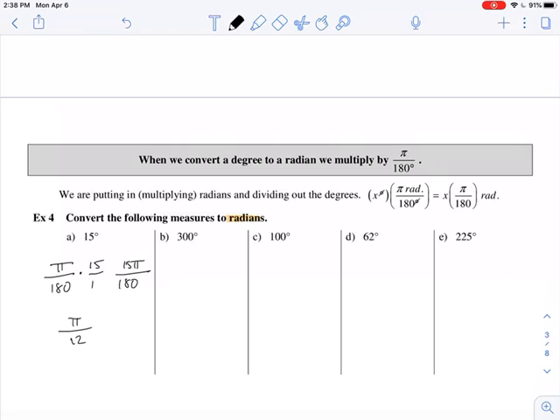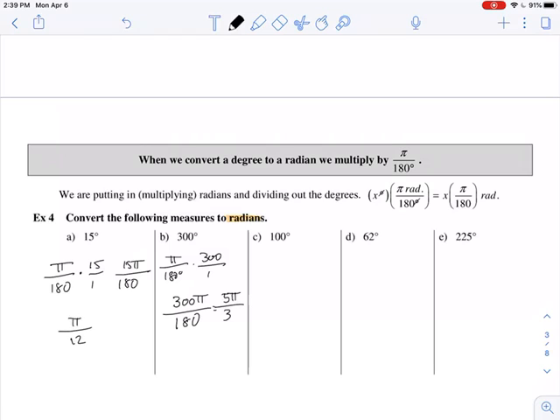Okay, here we got 300 degrees, same thing. I'm going to radians, so I'm going to multiply by pi over 180 times the degree. That's going to be 300 over 1. I end up with 300 pi over 180, and that's going to reduce down to 5 pi over 3. Right? Same thing on the next one.